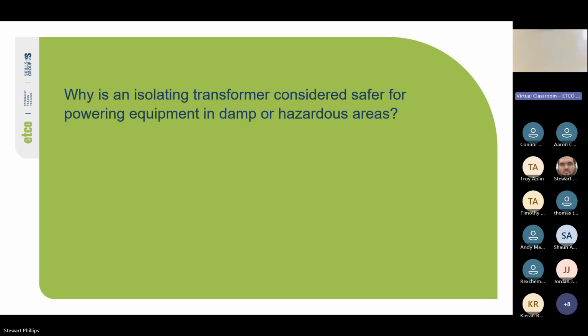Not safer than an RCD, but we're just saying safer than just plugging it into a normal power outlet. Yep, that's a good one.